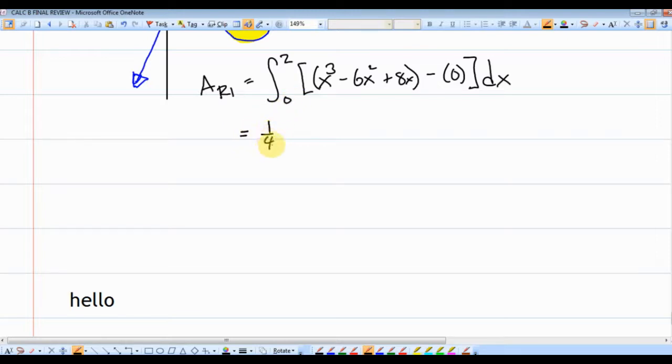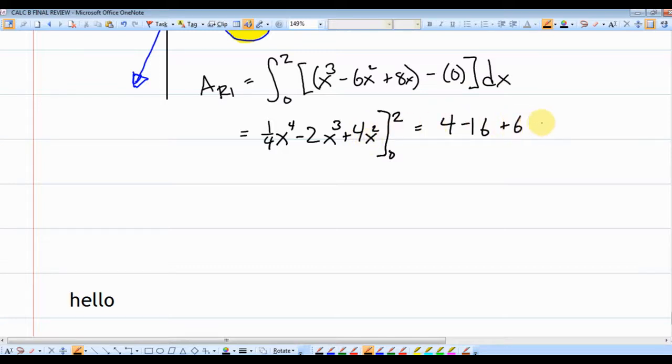Antiderivative: 1/4 x to the 4th minus 2x cubed plus 4x squared from 0 to 2. That is equal to 4, 16, 4, 8, 16.